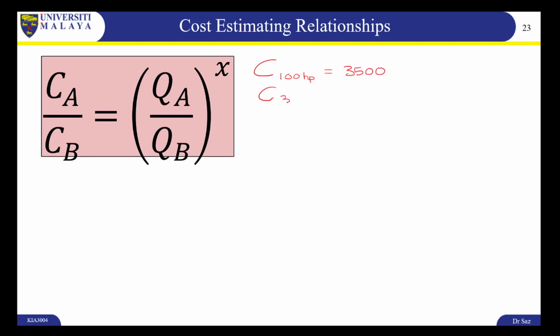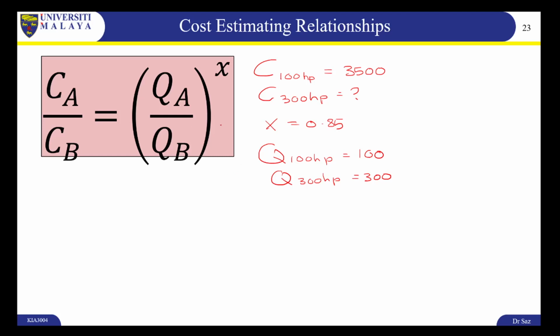We don't know what C of 300 horsepower is, so we'll just put a question mark there. X is 0.85. Now, what about Q's? So Q of the 100 horsepower is 100 horsepower, of course. Q of the 300 horsepower is 300.